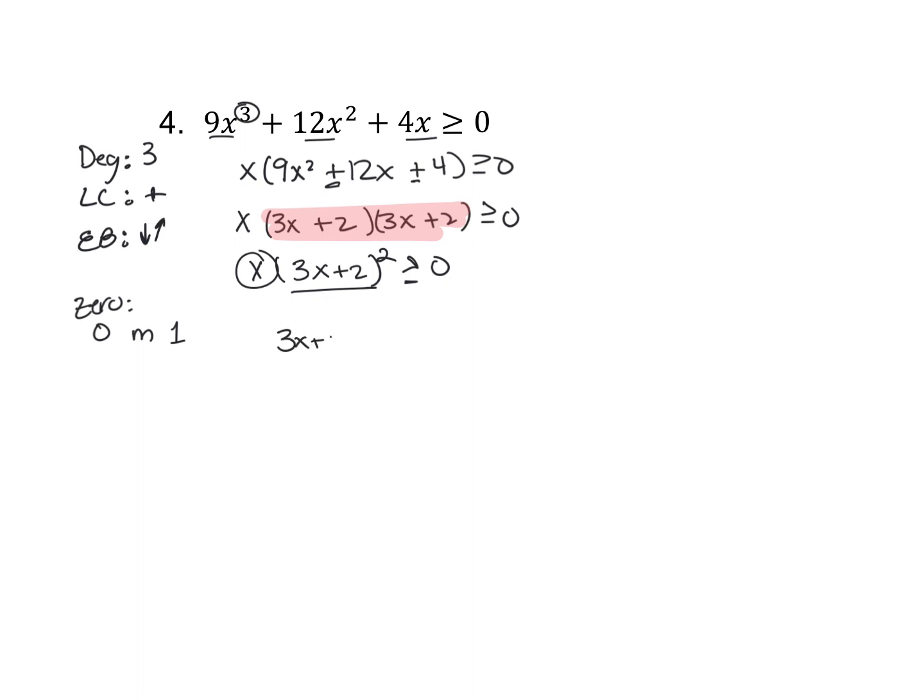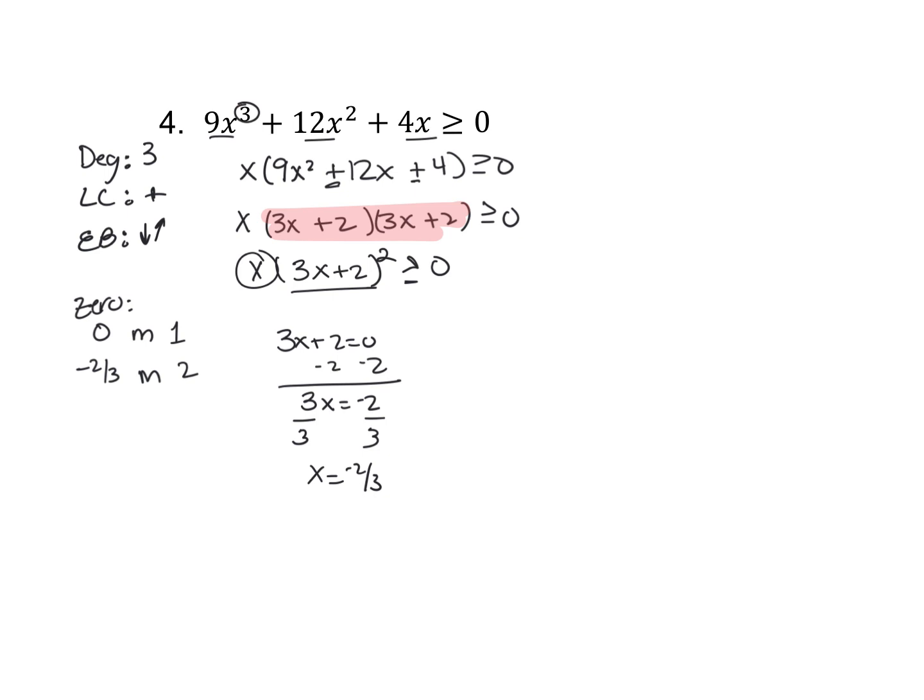So remember, set equal to 0, and then solve for x. X equals -2/3. So I have a 0 of -2/3, and my multiplicity is a 2. So again, looking at the exponents for the multiplicity.